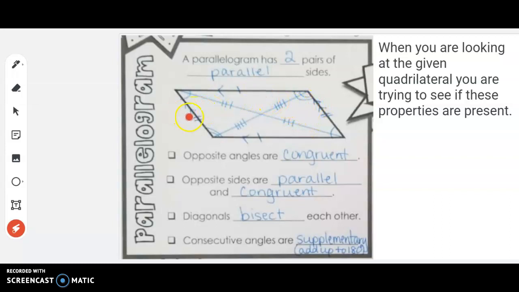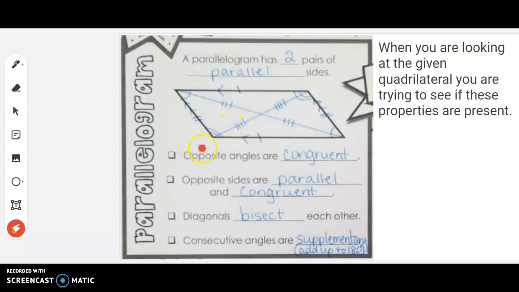If I can prove my opposite sides are congruent, then I have a parallelogram. If I can prove the diagonals bisect each other, if I can prove these two pieces equal each other and the other two pieces equal each other, then it's a parallelogram.